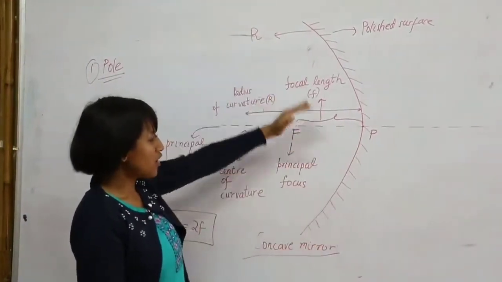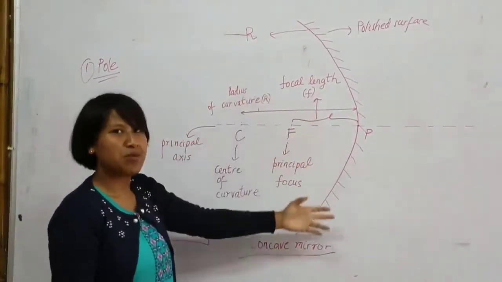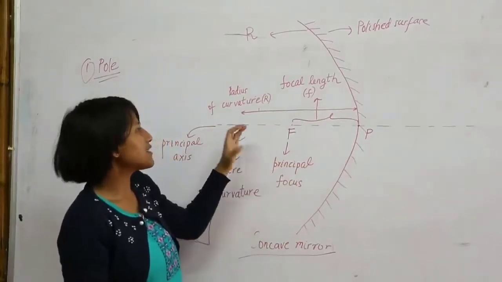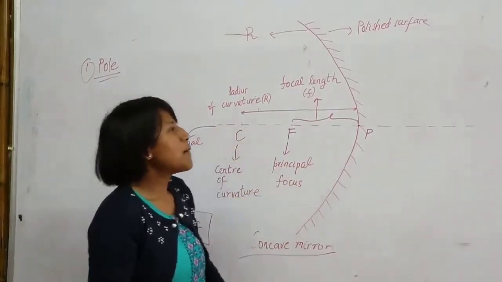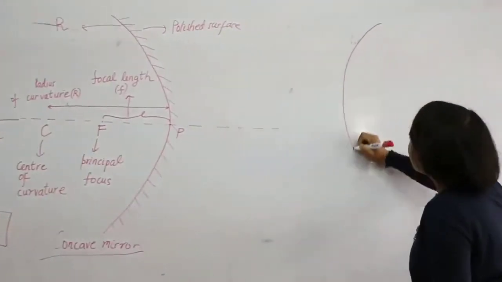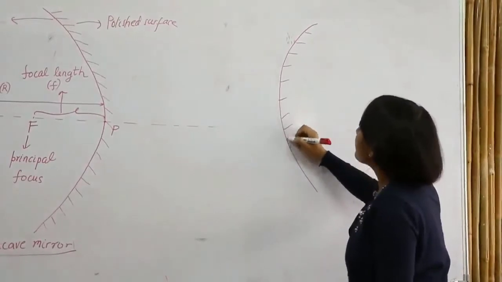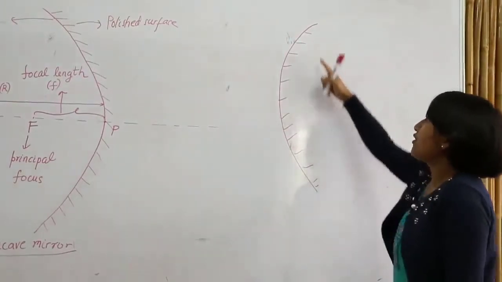Now this is for the concave mirror. For the convex mirror it will be the same: the pole, the principal axis, all of these. It's just that this is a convex mirror, and the polished surface is toward the hollow side.